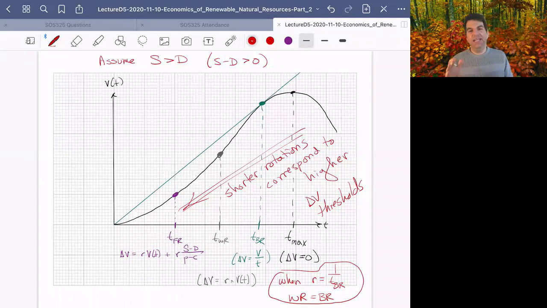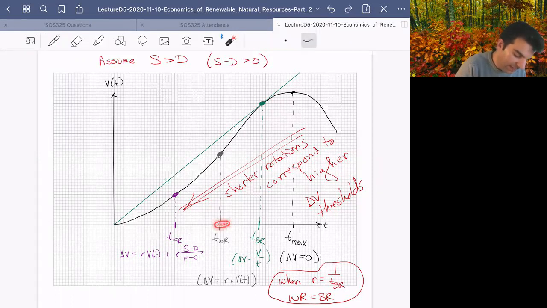At any lower interest rate, the Wicksell rotation will be longer than the biological rotation. So you can view the Wicksell rotation here: if you make the interest rate smaller, this corresponds to an interest rate of 0. If you make the interest rate larger, this corresponds to an infinite interest rate.